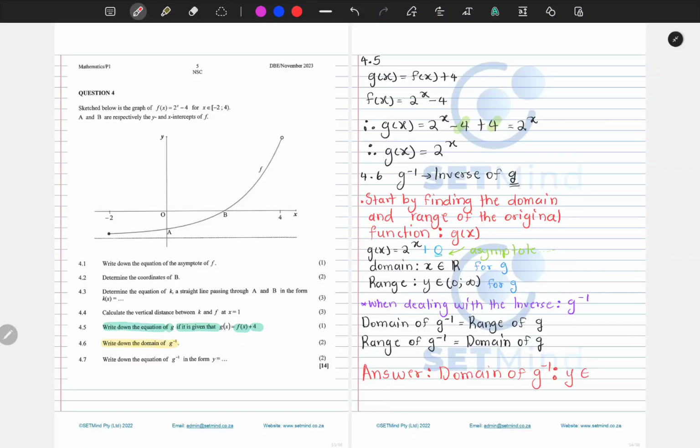So what you do is you switch the domain for the range. Because we switch x and y, because we're dealing with the domain, we'll put in x. But what we'll put in is the condition for y. So x will be an element from 0 up to infinity, like that. So that becomes our answer for the domain of the inverse.